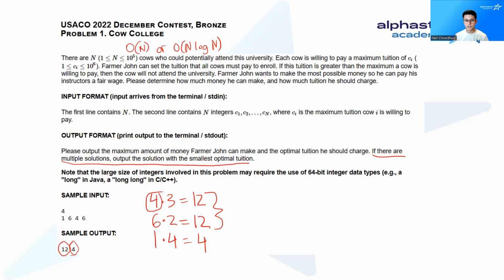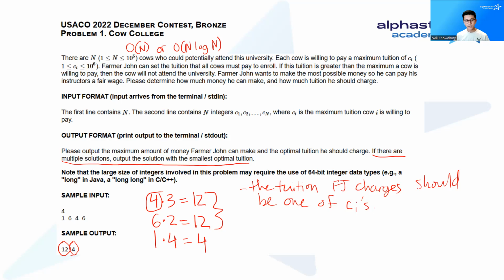So one observation that you can make is that, firstly, the tuition that FJ charges should be one of the numbers in the input, one of the c_i's. And why is that? Well, let's say that it's not one of the c_i's.